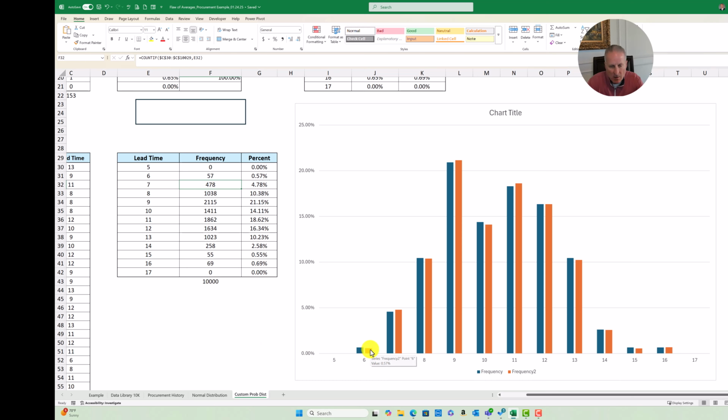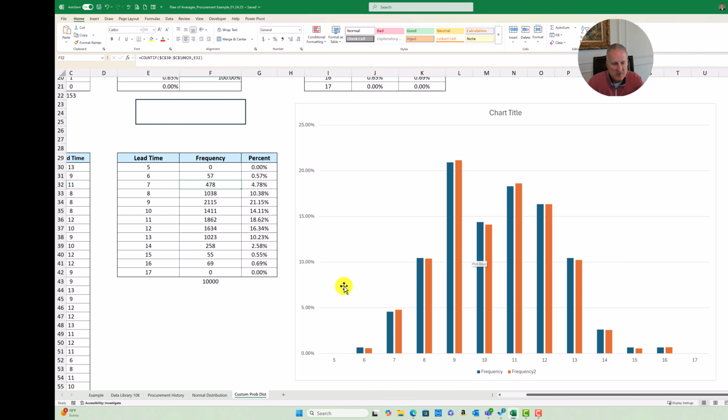So 6 here was 0.57%, which it shows right up here. 7 shows me 4.78%, which it shows right up here. And as you can see from this, this tracks very well.